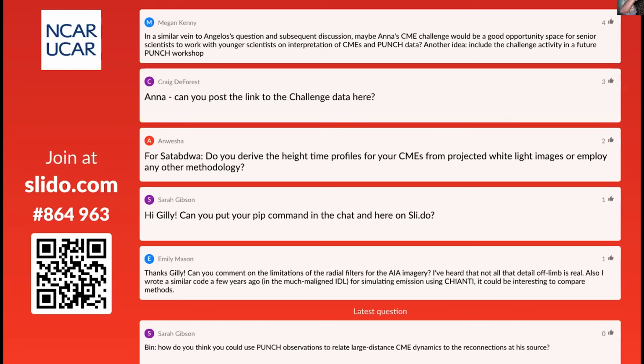So we've done this for one case, the November 2018 case, and we do see an excess density.